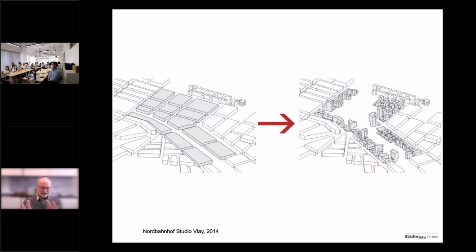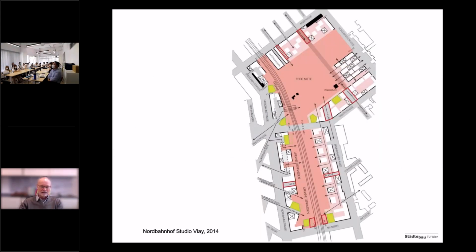And as you can see in these little sketches, if you bring the same volume into a higher density around this empty void in the middle, this wilderness in the middle, then you can keep the green space, and you don't have to build up everything with a lot of streets and so on. And this was the principal approach of this competition.